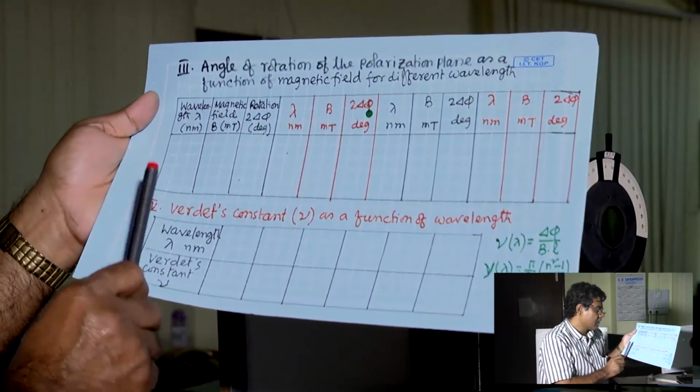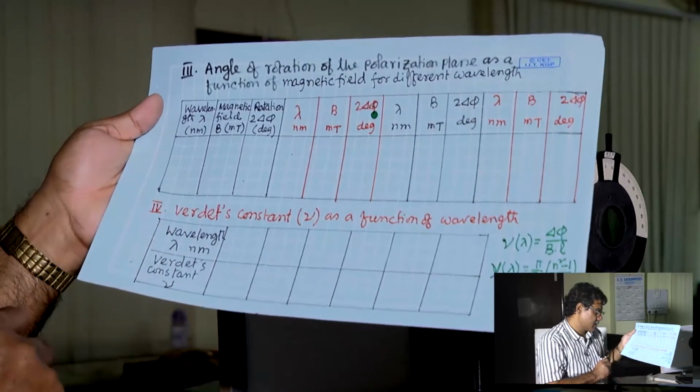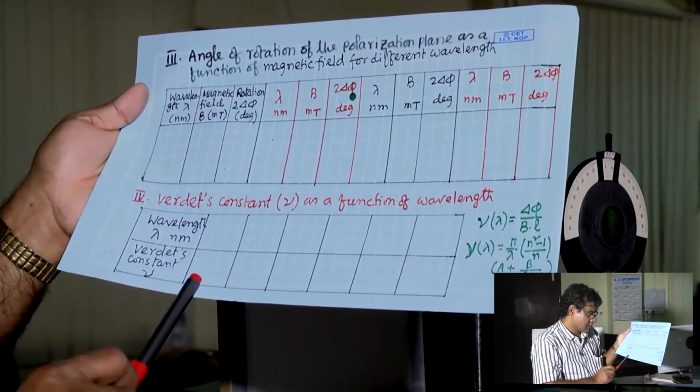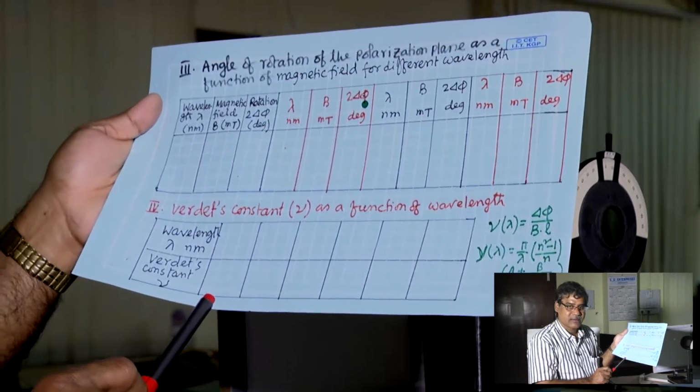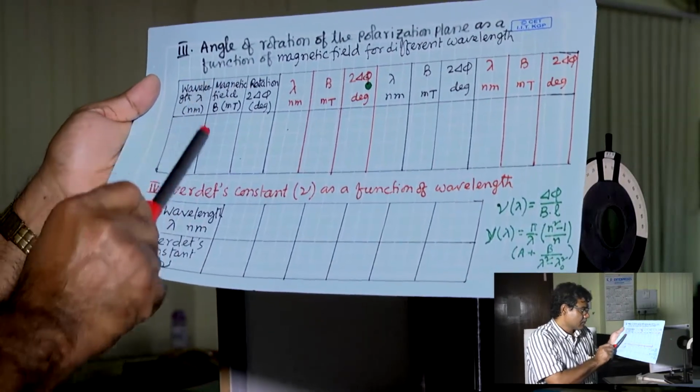Now from here you know the wavelength, and for that wavelength what the Verdet constant is.